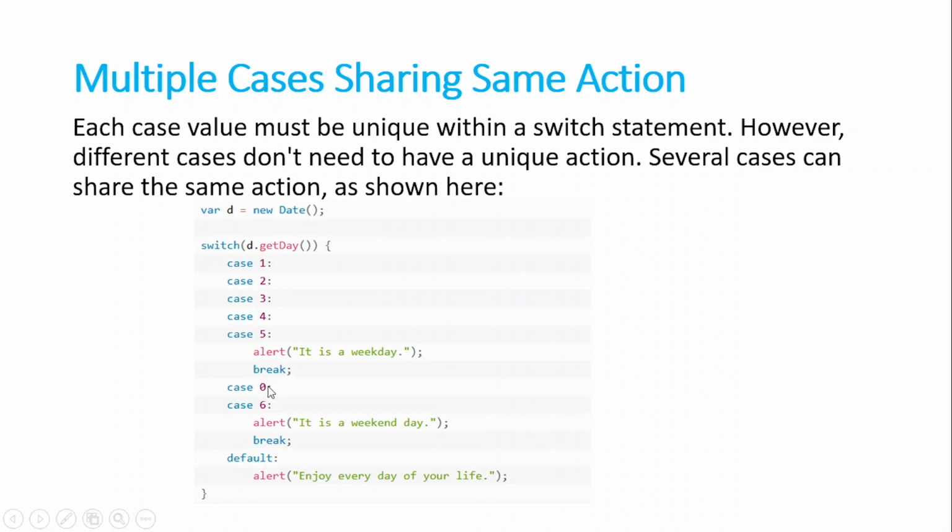Or we can add 0 and 6, then it is a weekend, meaning Sunday and Saturday, and we can alert that out and also add a break here so the others are not executed. In this case you can see default is there. We can use alert: enjoy every day of your life. This is the default case. If none of the cases match, then only this code will execute. So this is how we can check multiple cases.